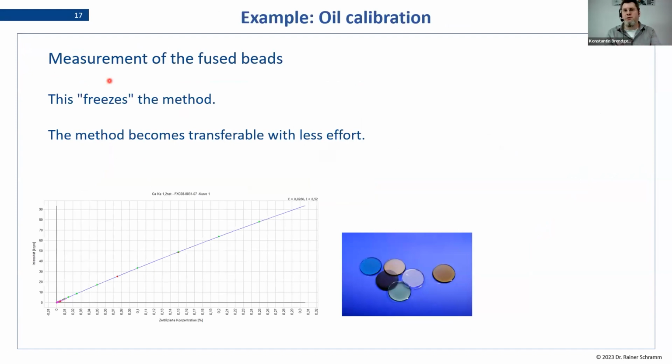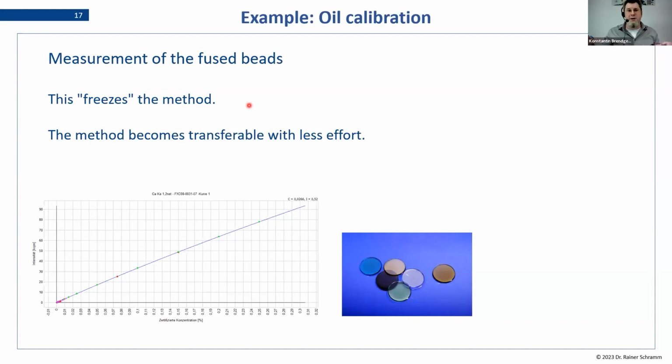We are measuring fused bead or glass samples in an oil method, and that allows us to freeze this application with solid samples that we can store very easily. It makes the method transferable to a different spectrometer or a different laboratory very easy, because we don't have to do all the effort I described before with handling the liquids.